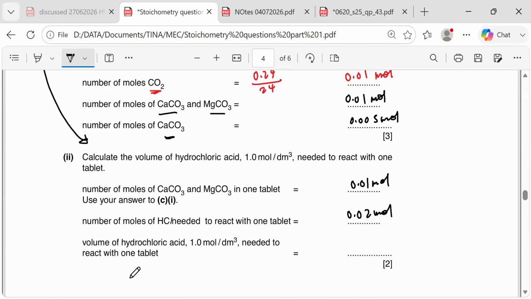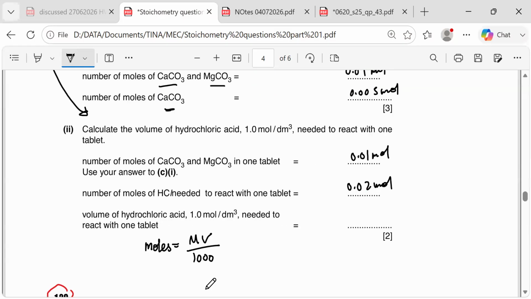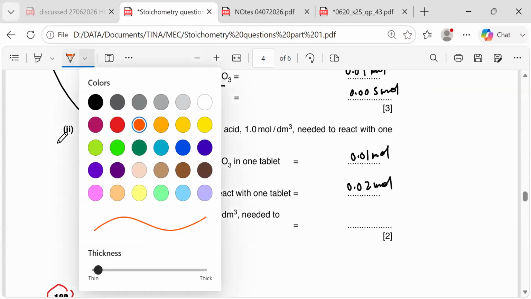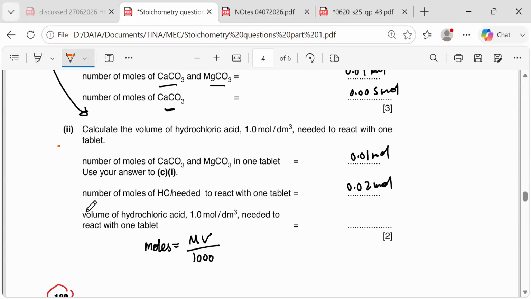Okay, this one, same concept. Moles is MV over 1000. Who am I looking for? Volume. V. Okay, find the answer. Quick.